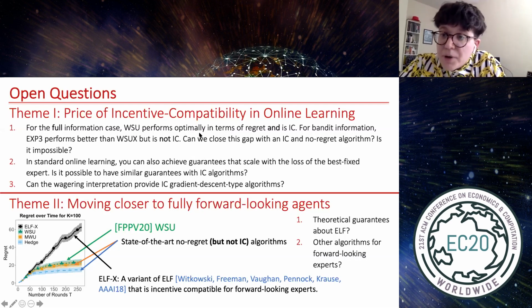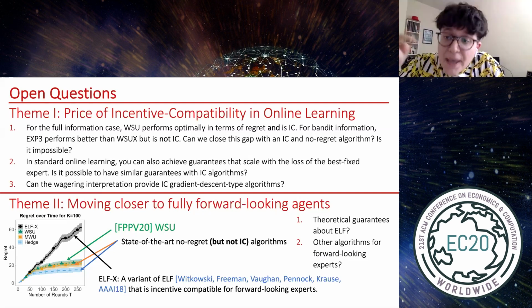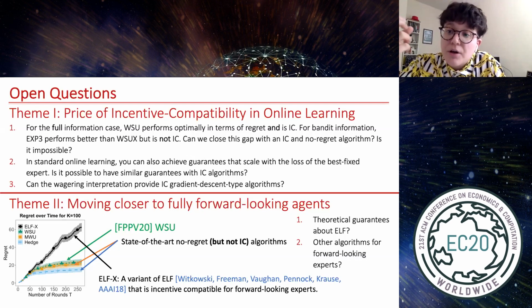In the full information case, you do get to observe everything and build your wagering mechanism with the predictions that you saw. In the Bandit information case, we created a variant of the weighted score wagering mechanism that works only for unbiased estimates. So that was the non-trivial part of why we made this extra reweighting with the uniform exploration.